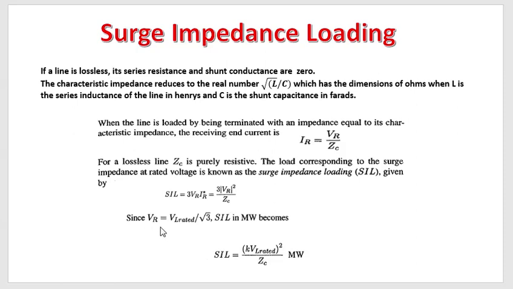Since we know that the receiving end voltage is equal to the line voltage divided by under root 3, the surge impedance loading in megawatts will become this equation, which is surge impedance loading is equal to the kV line rated whole squared divided by characteristic impedance, and the unit of SIL will be megawatts.